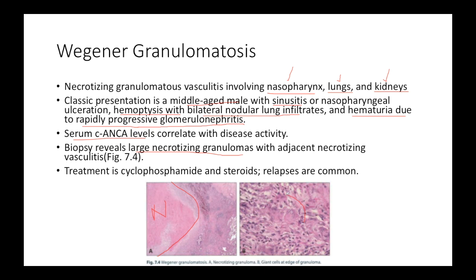So we have our giant cells going on here as well. And treatment for this guy is cyclophosphamide and steroids, just like we saw with polyarteritis nodosa. And relapses are common here.